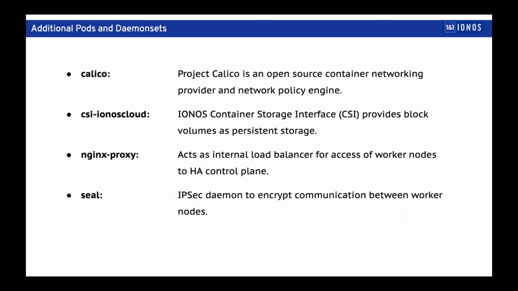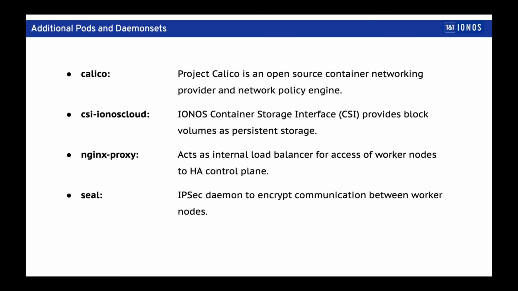One of the first things you will probably be doing once you have set up your first Kubernetes cluster is see which pods, which daemon sets are already running inside of this cluster. So you will see a whole lot that you are certainly familiar with, but you will also see 4 of them which might be new to you. They are shown here on this particular slide.